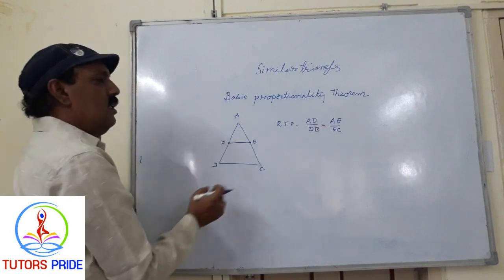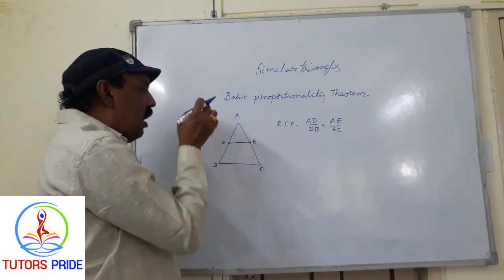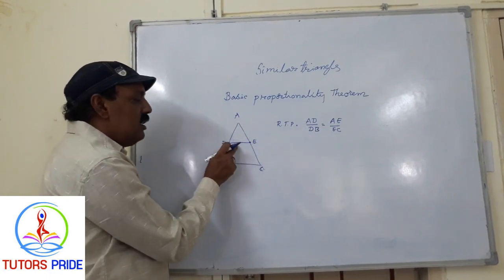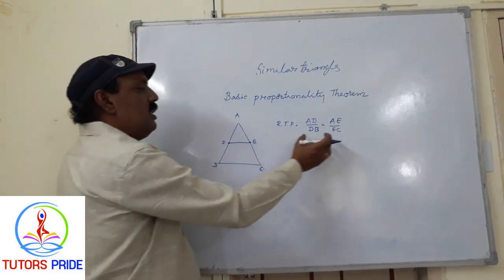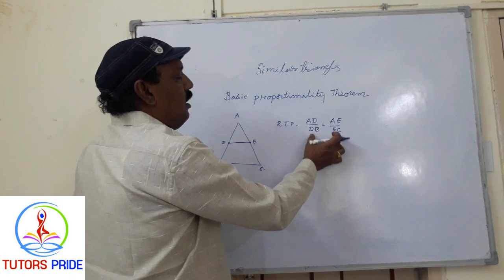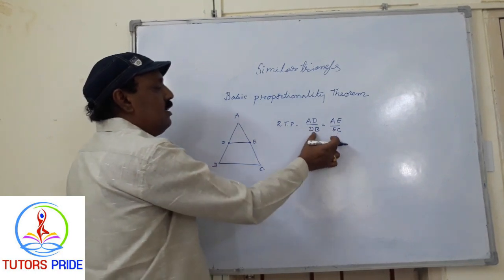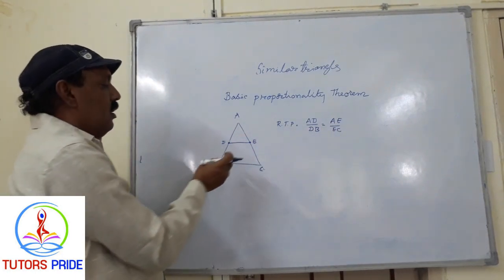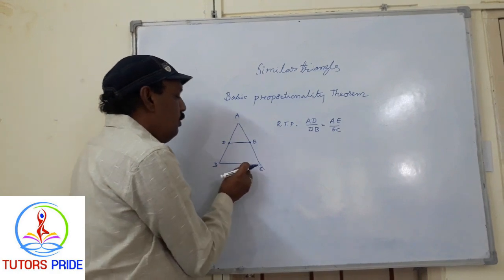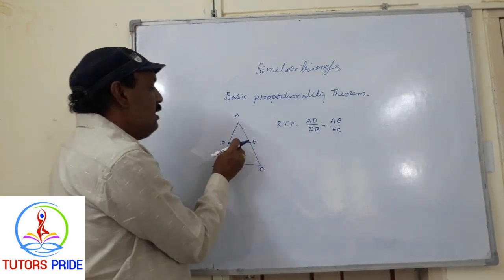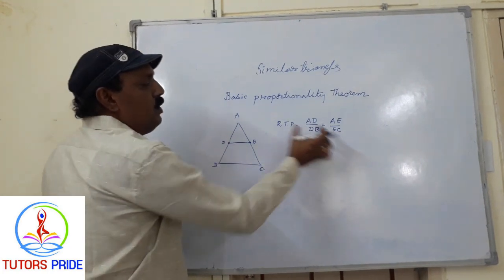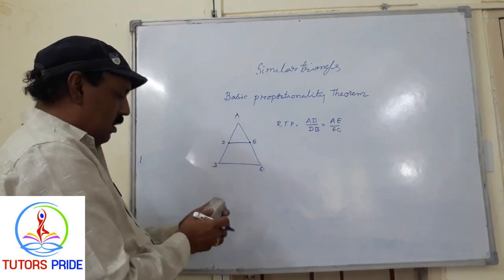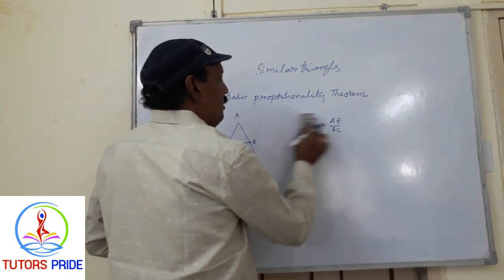When we prove this ratio, then only we can consider this DE line is parallel to BC. We successfully get this ratio whenever this line is parallel to BC. If DE is not parallel to BC, this ratio is not possible. And now I will start to prove this.